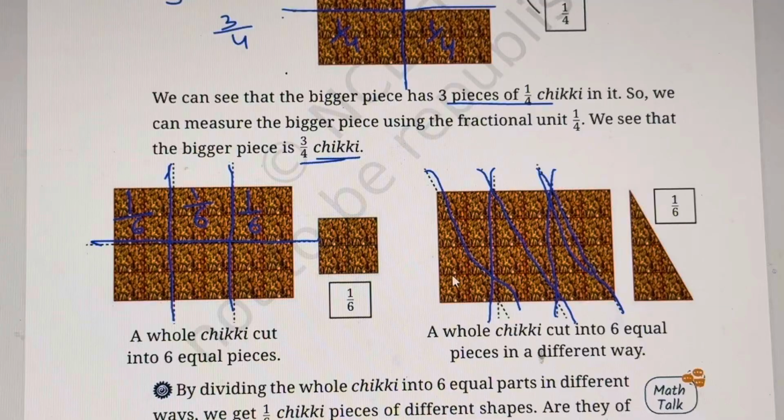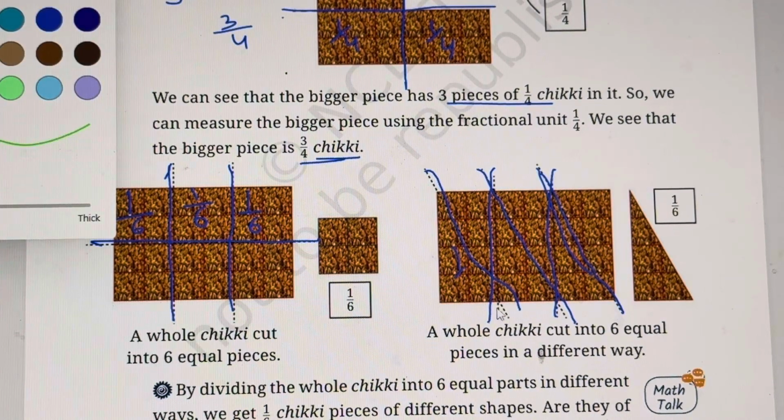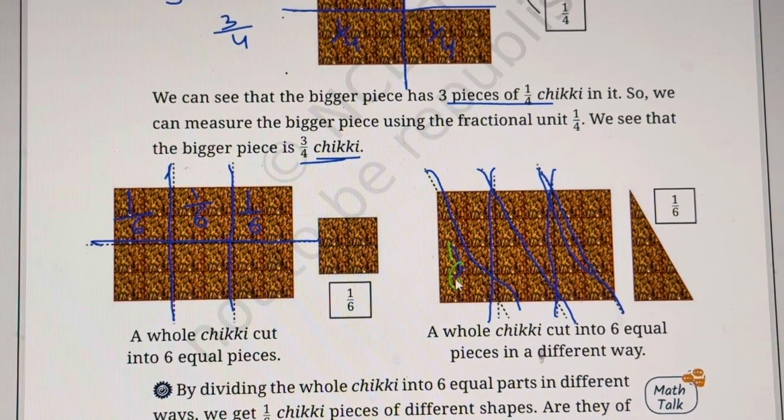So you are getting each part as 1/6. This is 1 upon 6. Let me change the color. So this is 1 out of 6. This is 1 out of 6. This again is 1 out of 6. You can use a scale to make straight lines. So this part is 1/6.